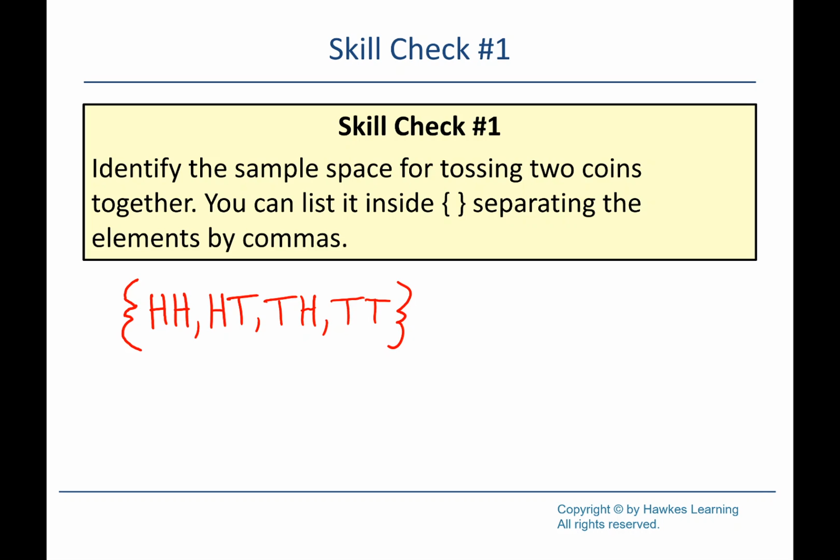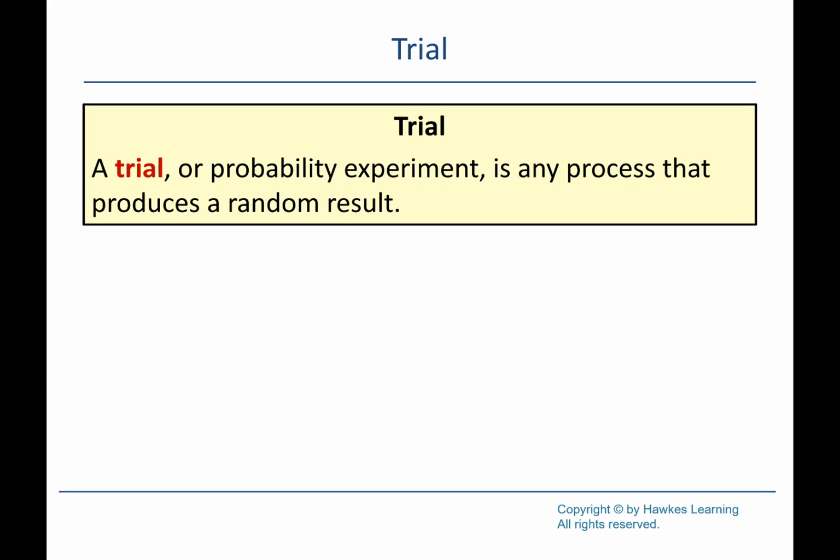So let's just kind of walk back. We'll get our formal definition for these terms, okay? So we said a trial or a probability experiment is some procedure, some process we're doing where we get a random result, and here random doesn't mean we have no idea about it. It just means we don't know what the actual result's going to be until we do the process.